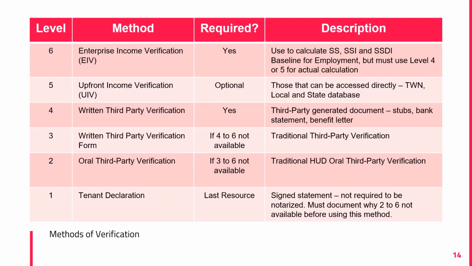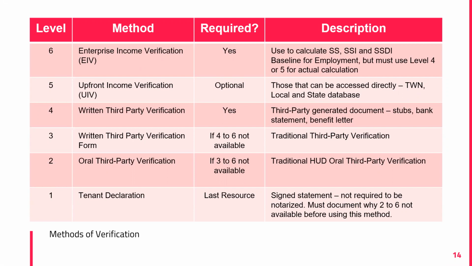So we all have to know what EIV is, and then we go down to the UIV. UIV is upfront income verification. This is like The Work Number or Verify.com, or in many states they have a database that the public housing authority has access to, which verifies public assistance like TANF and food stamps, so they can access the database directly.